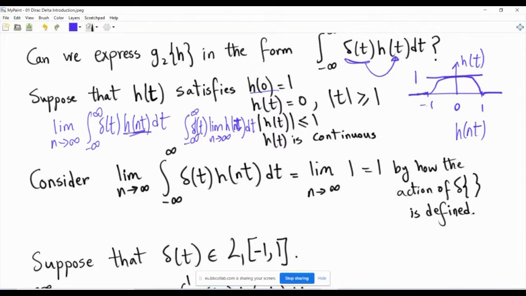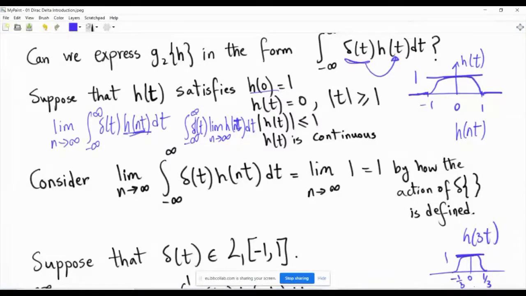It will be this continuous time signal or function, and it will be compressed, right? So h of 3t, as we said in the previous lecture, will be something like this, from minus 1/3 to 1/3, and its amplitude will remain the same.